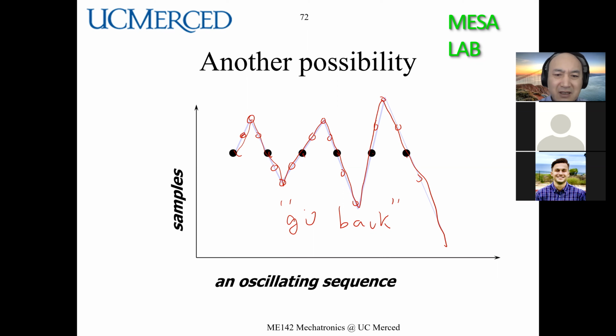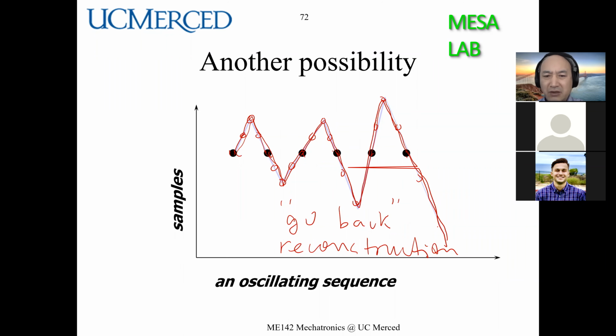From a signal processing point of view, we have another word: reconstruction. From these black dots, you cannot reconstruct the original signal if it is like that, because you sampled too slow.